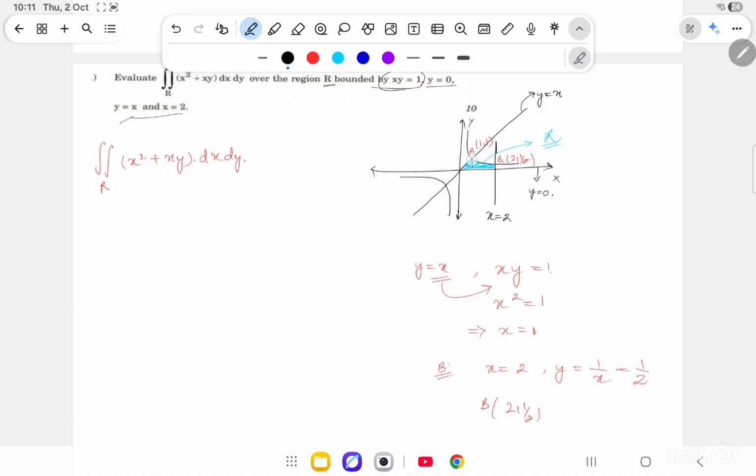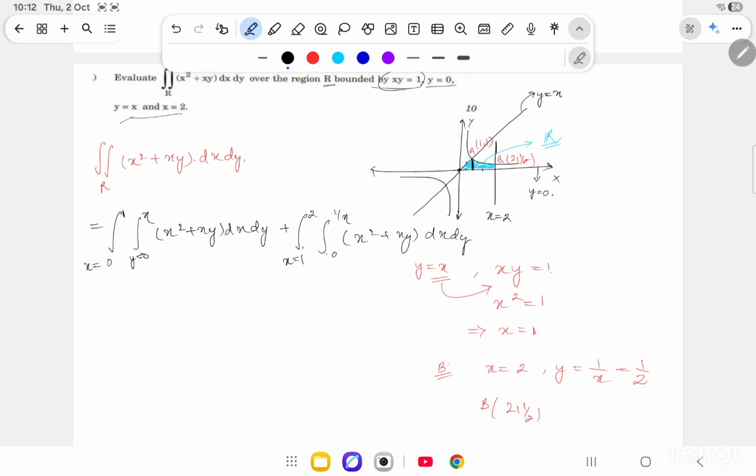Up till A, x is varying from 0 to 1, and y is varying from 0 to x, of x square plus xy dx dy, plus after A, in between A and B, x is varying from 1 to 2 and y is varying from 0 to 1 by x, of x square plus xy dx dy.